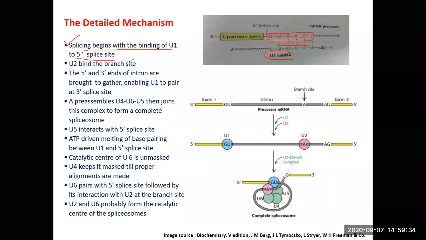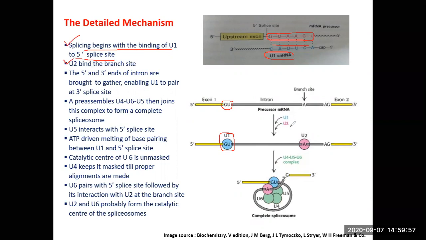How does it bind? Now you know the answer. This is the 5' splice junction. This U1 comes and binds over here. So U1 is bound here. How does it bind? The simple answer is that it has got a sequence which is complementary to the consensus sequence present at the 5' splice junction. U2 comes and binds to the branch site.